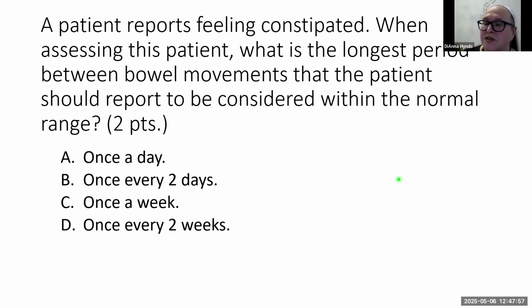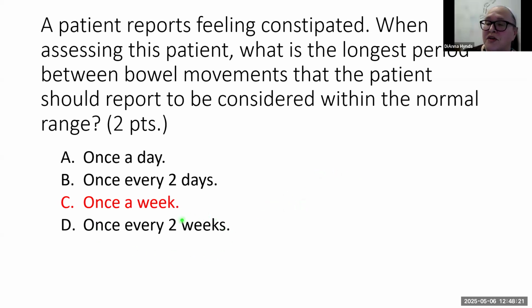Explain why this answer is the answer. So the best answer is actually C, once a week. And so normal bowel movements can occur from a few a day to once a week, right?